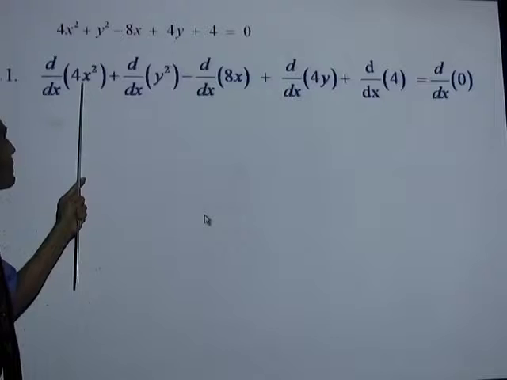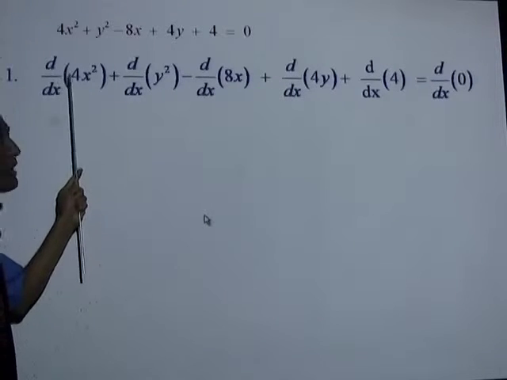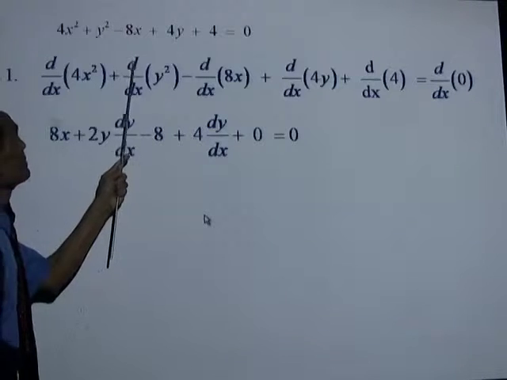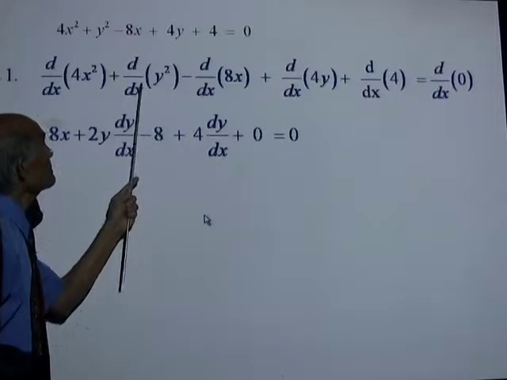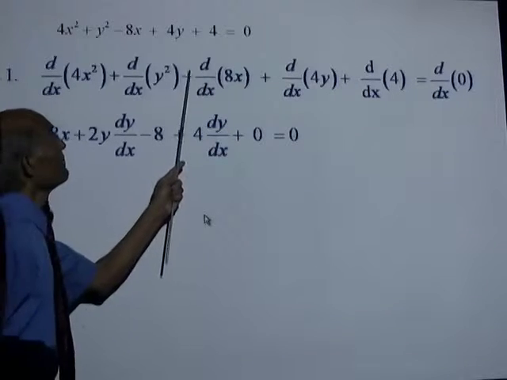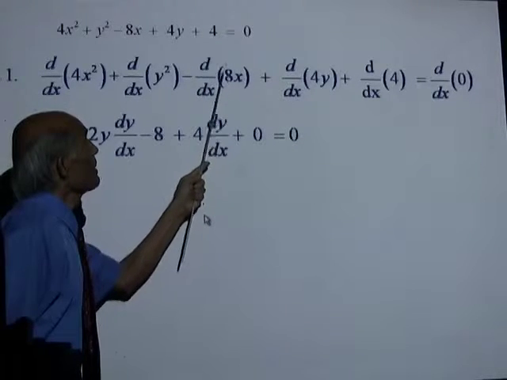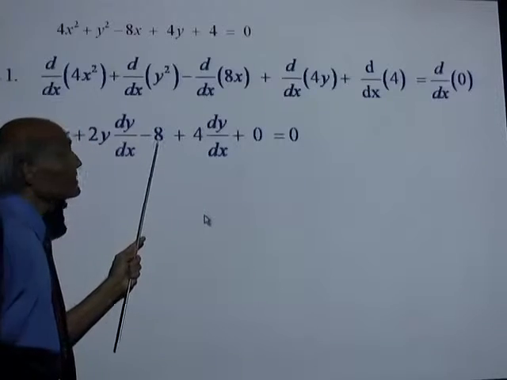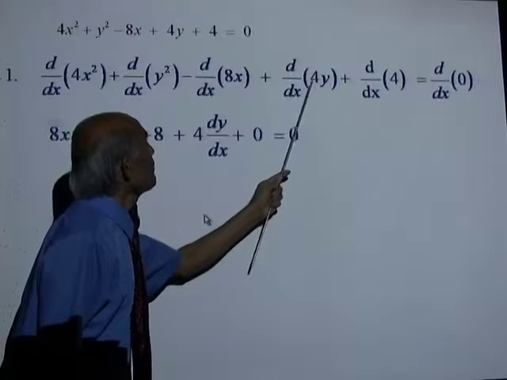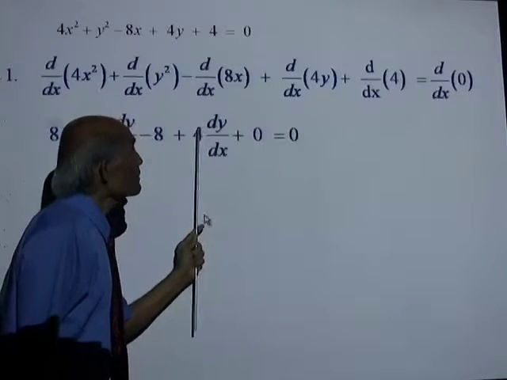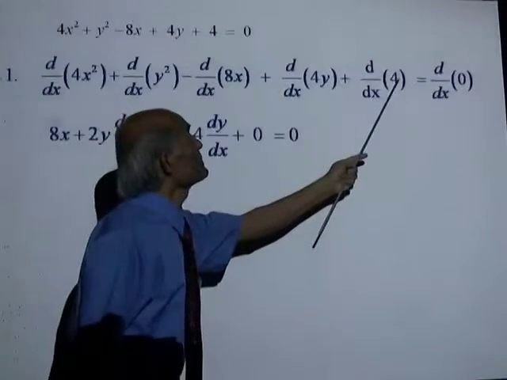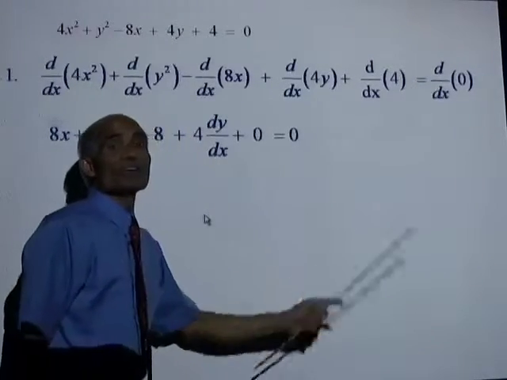We now know all of these. Derivative of 4x squared with respect to x is 8x. Derivative of y squared with respect to x is 2y dy by dx minus derivative of 8x with respect to x is 8 plus derivative of 4y with respect to x is 4 dy by dx plus derivative of 4 is 0 equal to 0.